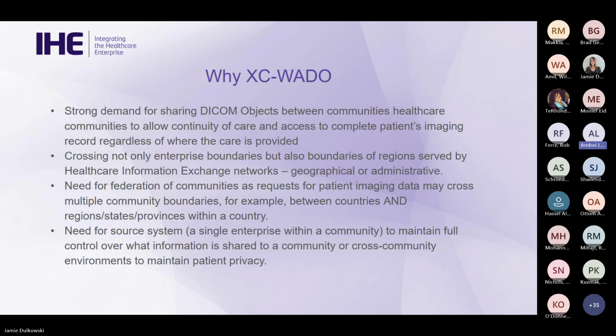One of the challenges is that the exchange of healthcare information is different from exchanging the imaging information, just sometimes due to sheer size of objects and data that need to be exchanged. So this profile is addressing these demands and also looking a little bit further into the future by understanding the need for also a federation of communities.